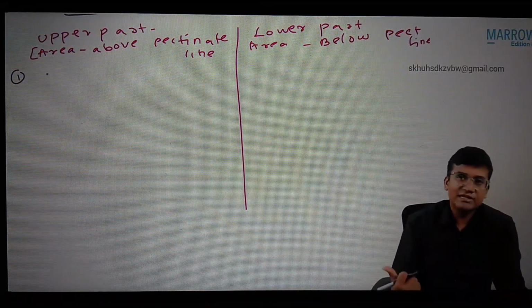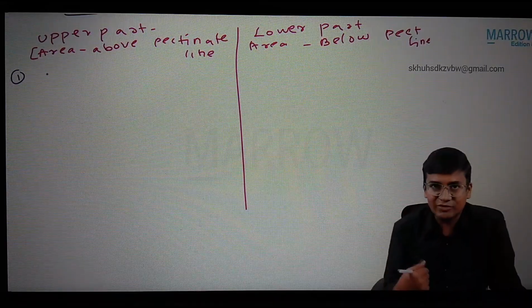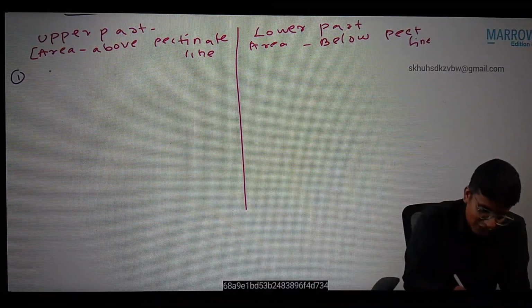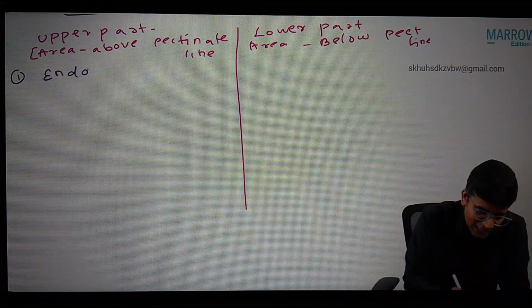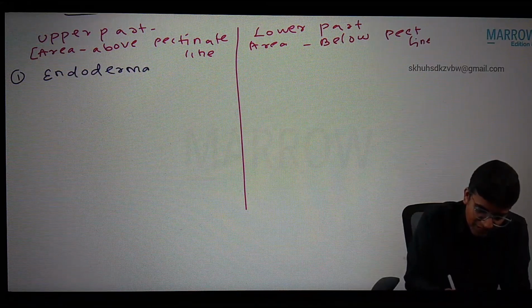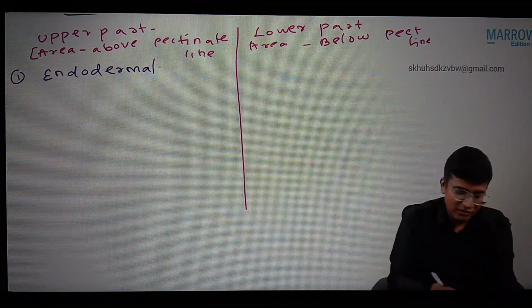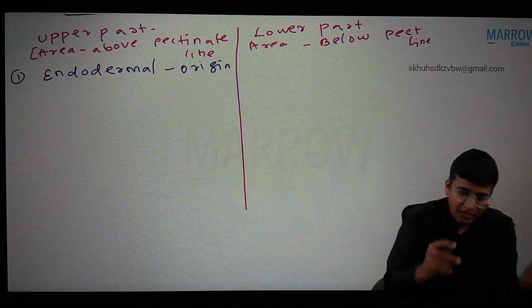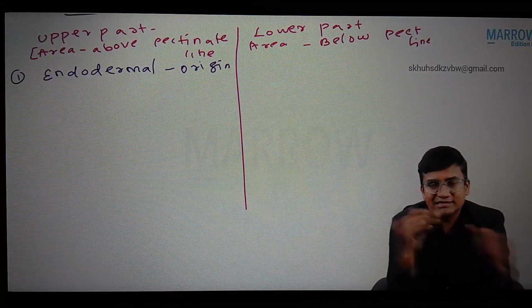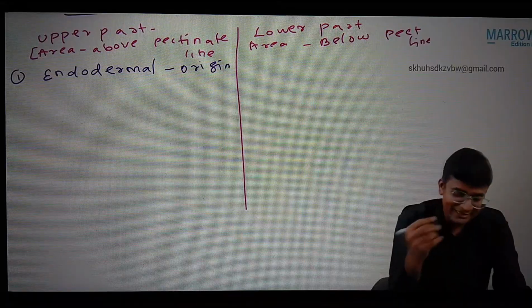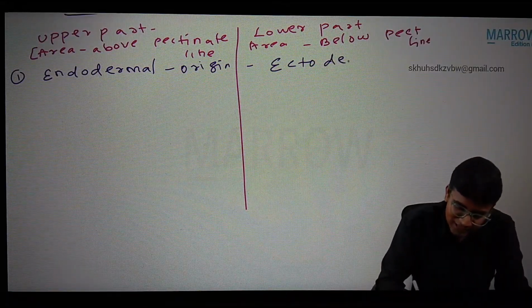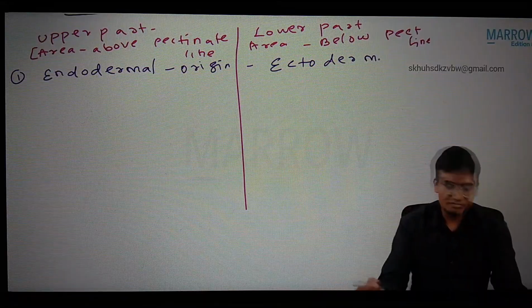The upper part of the anal canal is derived, like the other parts of the GIT, from endoderm. So it is endodermal in origin. The lower part of the anal canal comes from the anal pit or proctodeum, that is ectodermal in origin.